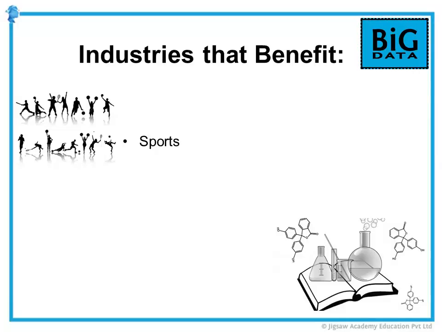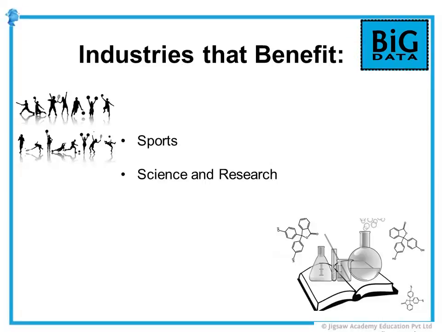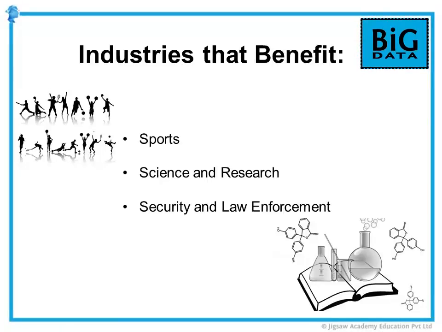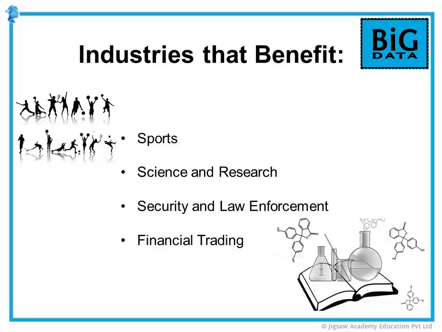Across industries, data along with analytics can transform major business processes in various ways, such as improving performance in sports by analyzing and tracking performance and behavior, improving science and research, improving security and law enforcement by enabling better monitoring, improving financial trading by making more informed decisions.